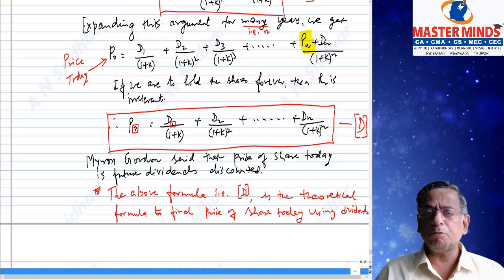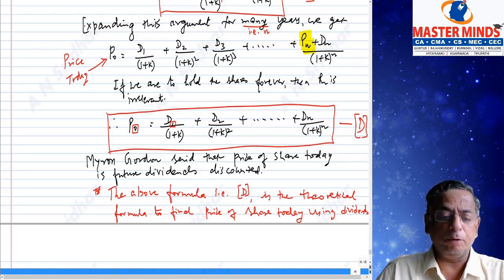Okay, now this formula is also popularly called Gordon's dividend discount model.